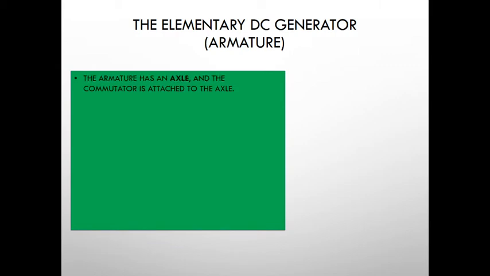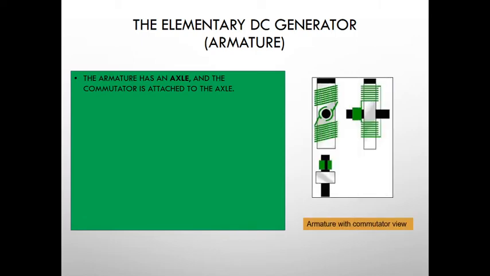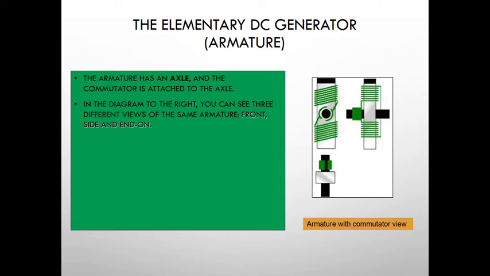The armature has an axle, and the commutator is attached to the axle. In the figure, the axle is the black hole. In the diagram on the right, you can see three different views of the armature: front, side, and end-on.